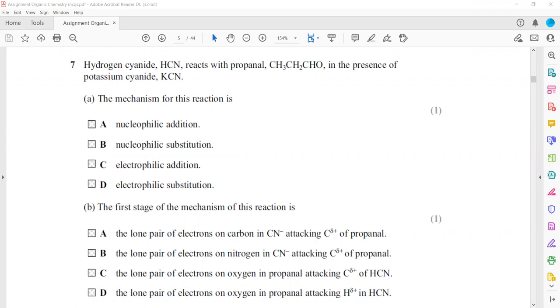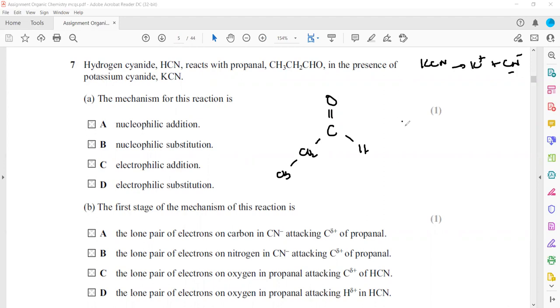So when we check how this reaction proceeds, the aldehyde is there, which is C double bonded with O and H, and then alkyl groups are there, CH2 and CH3. So this KCN will dissociate into K+ and CN-.